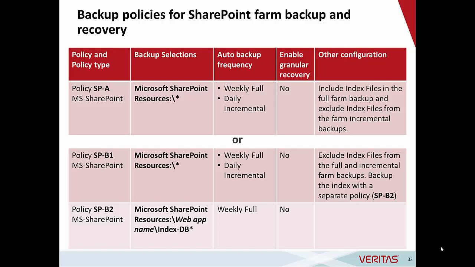We've got a weekly full and a daily incremental schedule, and we have completely excluded the index files from this policy using policy level exclusions. And then I've got a second policy, policy B2, also a SharePoint policy, but I'm specifying the indexes in that policy. And then, of course, there's no need for exclusions in that policy. I'm only protecting the indexes, and I'm only doing full backups.